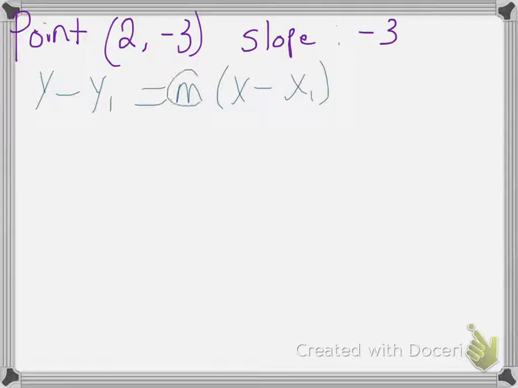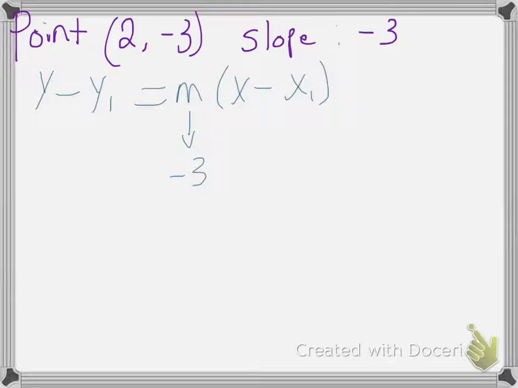Now the one you should know right away is the m. M is the slope. So you get this -3, and you're just going to put it right here. That's the m. So this is -3.